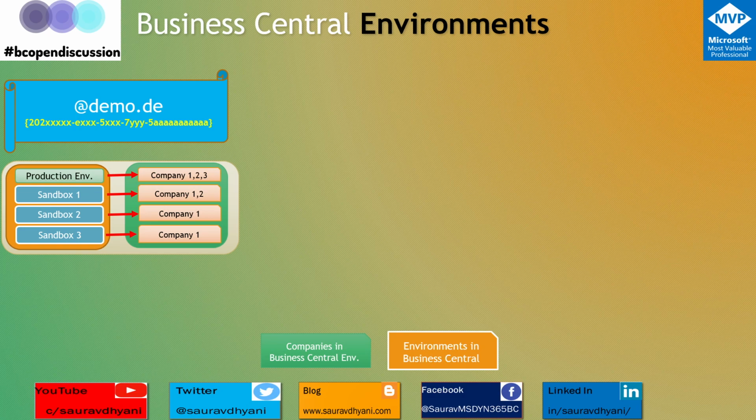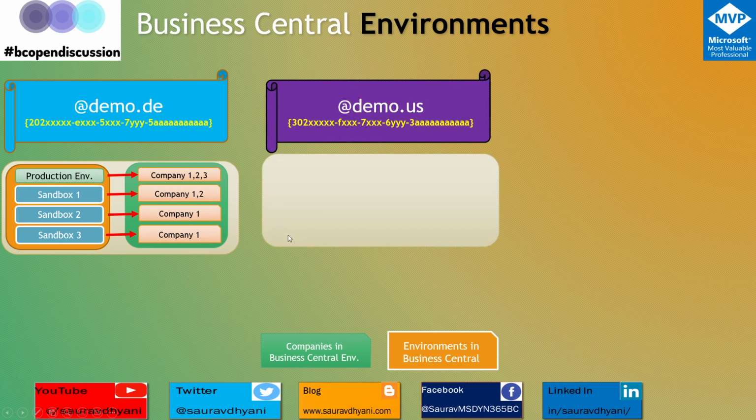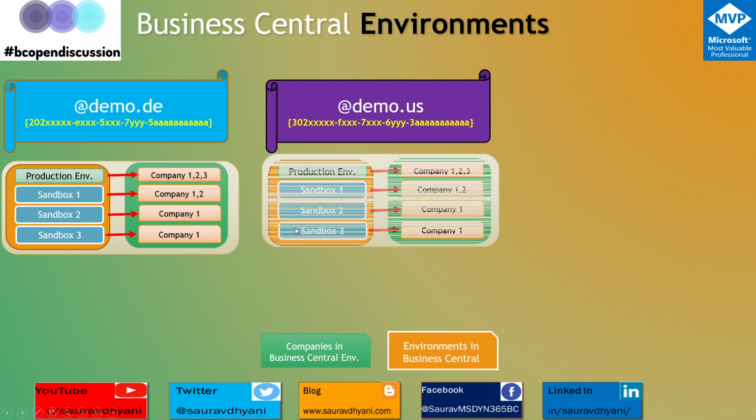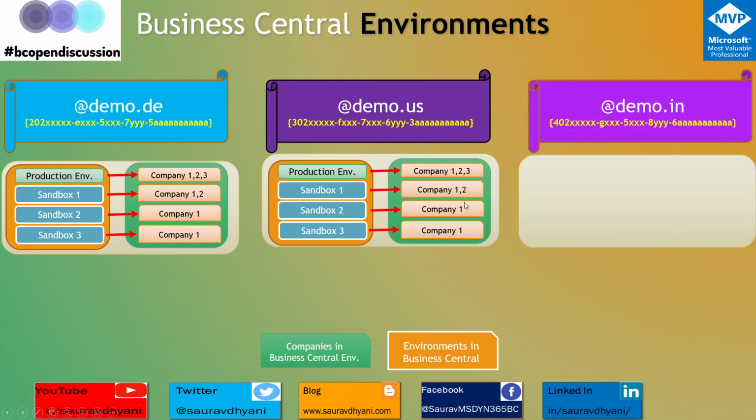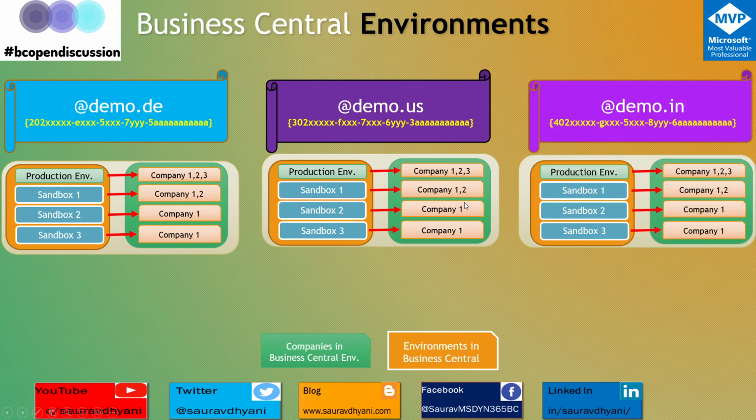Inside each environment, there are multiple or single companies. In the same way, you have another Azure tenant, demo.us, which has a similar configuration, and the same for India Azure AD, with certain environments and companies inside that.